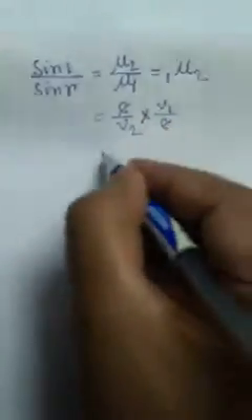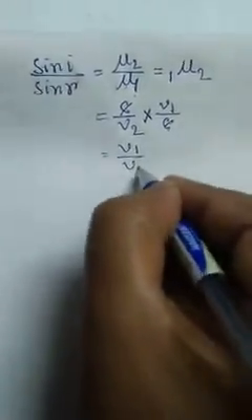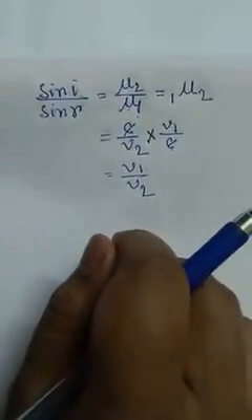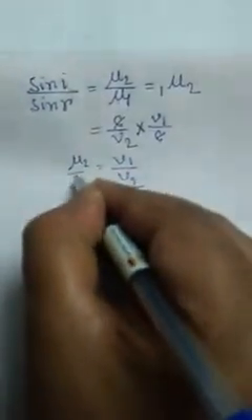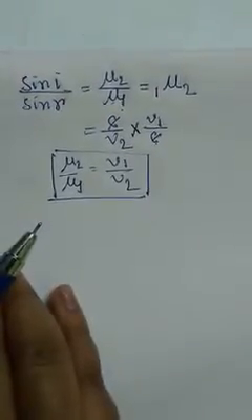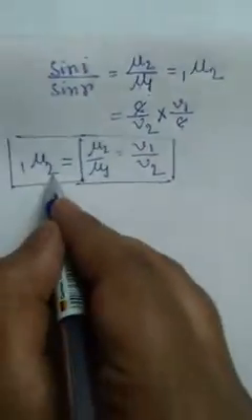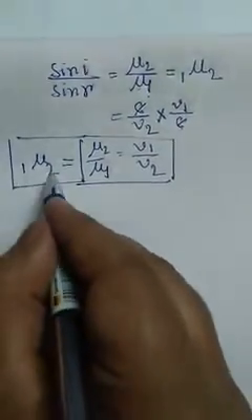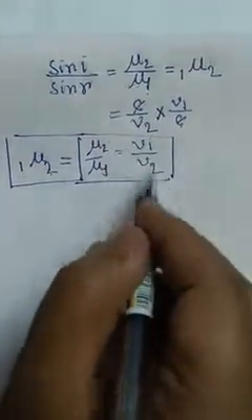It is at the bottom, so I flipped it. Now c and c will cancel out, so it becomes v1 by v2. So what we are getting is mu2 by mu1 equal to v1 by v2, and that is equal to 1 mu2. So this is the whole thing. 1 mu2 equals mu2 by mu1 equals v1 by v2.